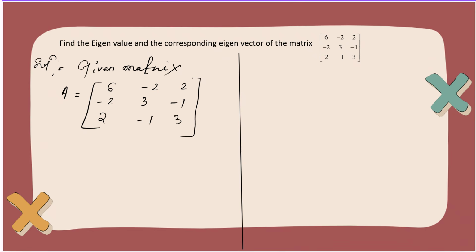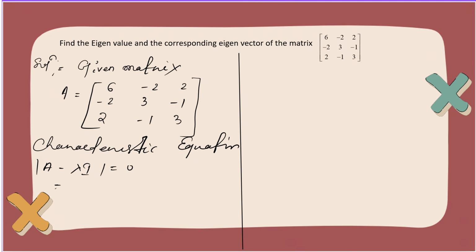Now you have to find the characteristic equation. The characteristic equation is determinant of A minus lambda I equal to 0. So A minus lambda I is nothing but 6 minus lambda, minus 2, 2; minus 2, 3 minus lambda, minus 1; 2, minus 1, 3 minus lambda. Determinant is equal to 0.